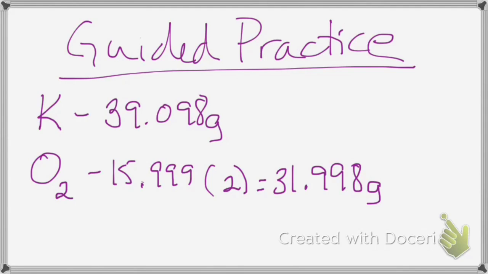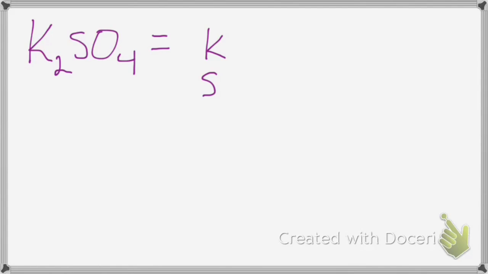Okay. Then we have our next ones. We're going to do our compounds. So I'm going to go ahead and go to the next slide so that we can have room to do our K2SO4. Okay, so I'm just going to look up here on the periodic table. 39.098 is the potassium.